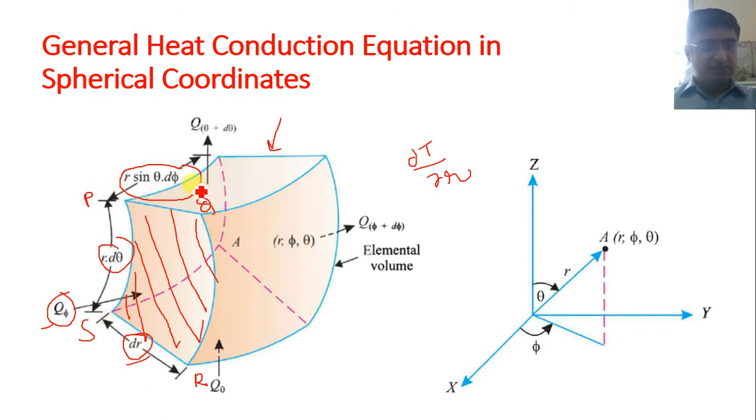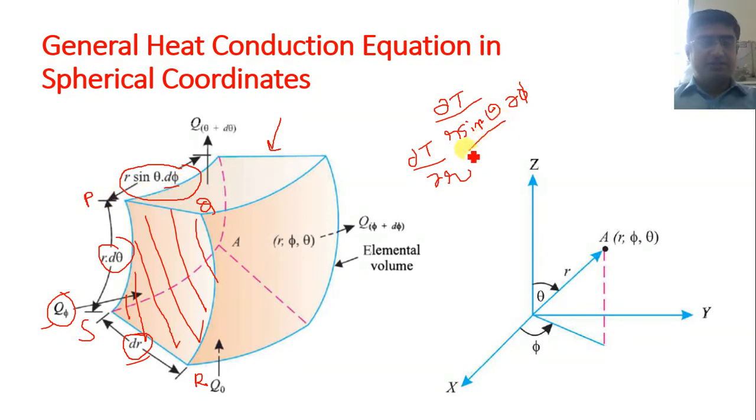But in the case of this surface, it is not a straight line, it is a curved line. That's why we have to write the term del T upon r sin theta del phi, because all the terms with respect to phi are constant, r sin theta.